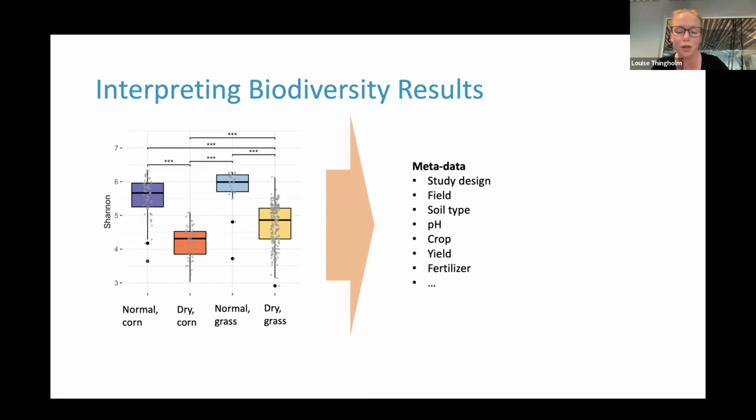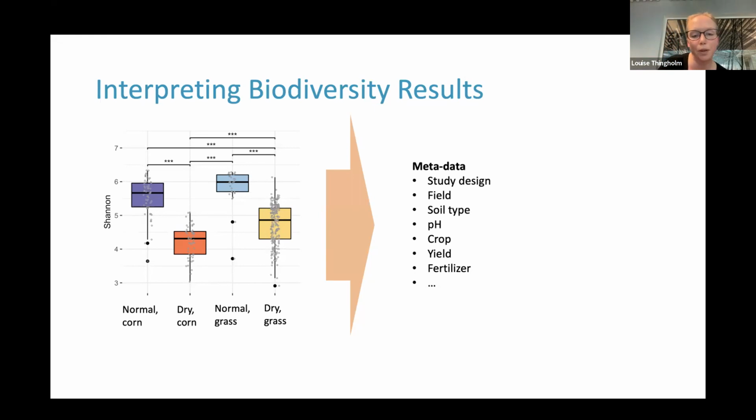And then the question is, does that affect the diversity of the microbiome? Well, you can see that the dry areas, independent of what crop there was, have a much lower biodiversity. So already there, now we're relating it to the metadata, to the study design, to information about the samples. What do we know and what can explain the diversity that we are seeing?